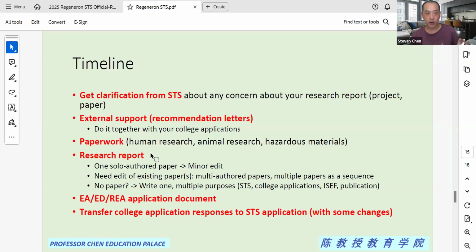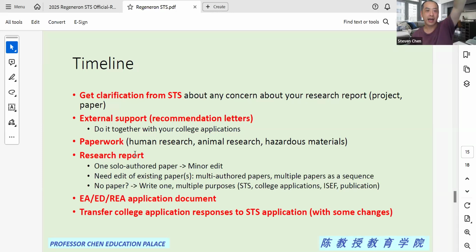Okay, so be careful about human-related research. It's not just about if you do some biological related research with human beings, like the human tissues, then you have this issue. But if you just simply do a survey, then you still need to complete the paperwork. So for the first three things, you have to move first and do as early as possible.